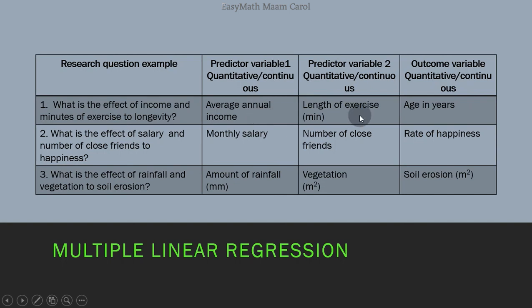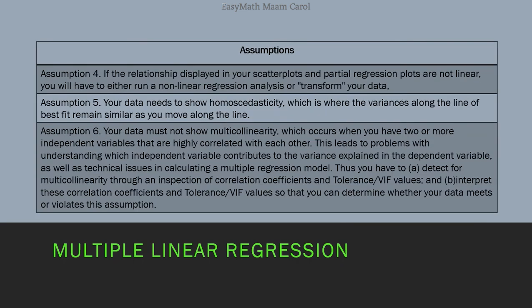That's what's meant by assumption 6. It must not show multicollinearity. It says here that you have to detect for multicollinearity through an inspection of correlation coefficients and tolerance VIF values.